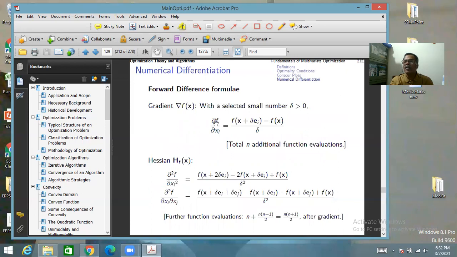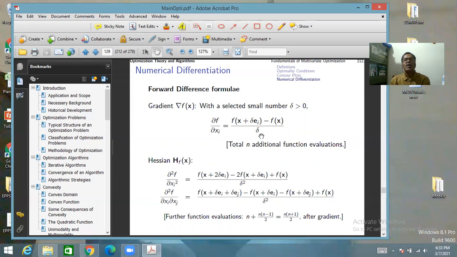So these are the forward difference formulas. For the gradient, with a selected small number delta, to evaluate the gradient at f(x), you change one coordinate at a time by a little number delta, and evaluate the function at a neighboring point. Then the difference of the function values you divide by delta. That is the standard derivative.